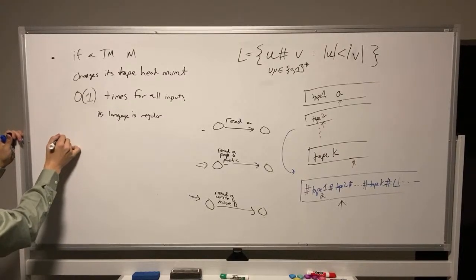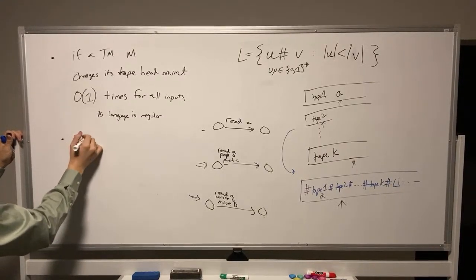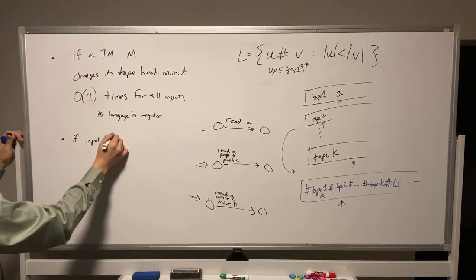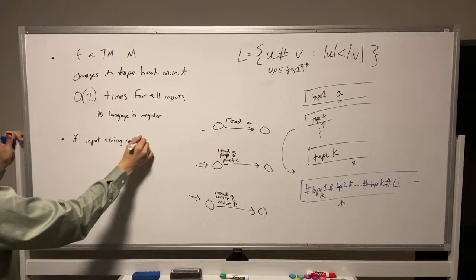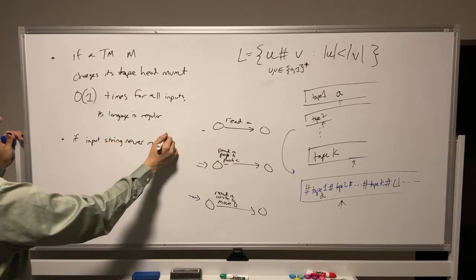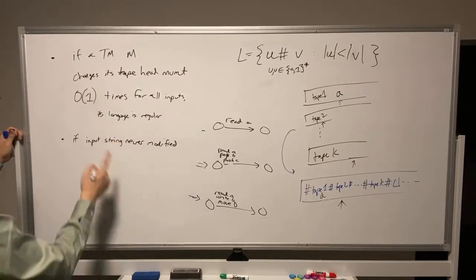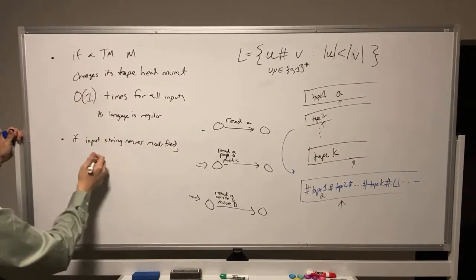Another thing you can do is if the input string is never modified, but you can go back and forth as many times as you want, versus here where you're limited.